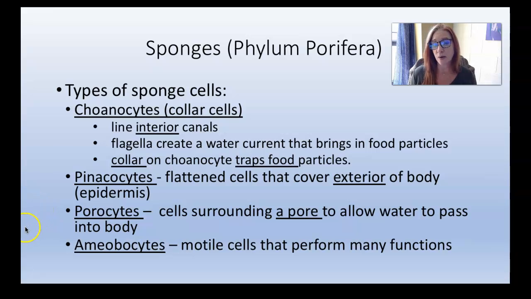They also help out with some digestion, moving around of stuff. They clean up garbage in between the cells. And they help with reproduction as well. These guys are weird, but they're there. Okay, so just four different kinds of cells. Make sure you know what each of those cell types is and does.